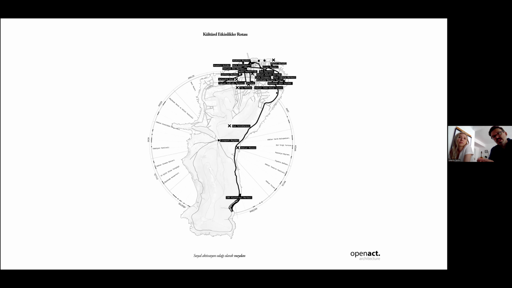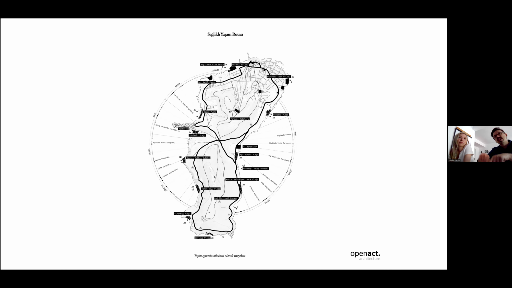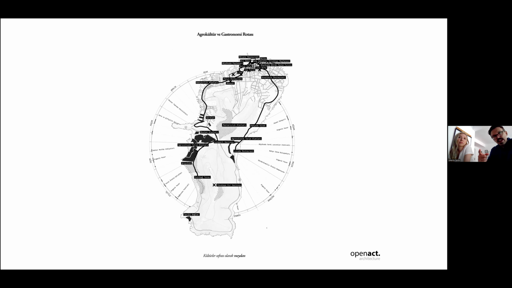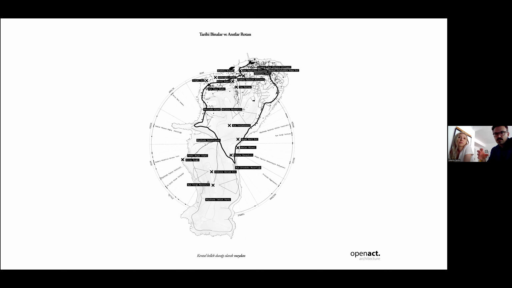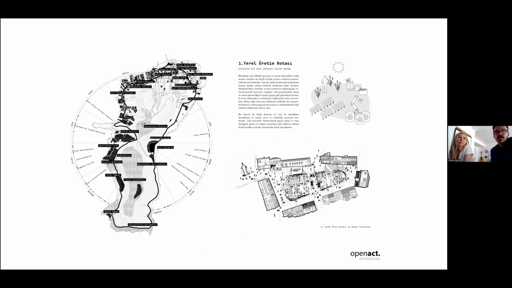All the systems that we propose have an upper scale that affects the entire island, but then they change the programs of each moment of the square. You can see these circuits are thematic routes designed based on our research at the largest scales, and within each route the square acts as a switch, energy that can be channeled through all the circuits.